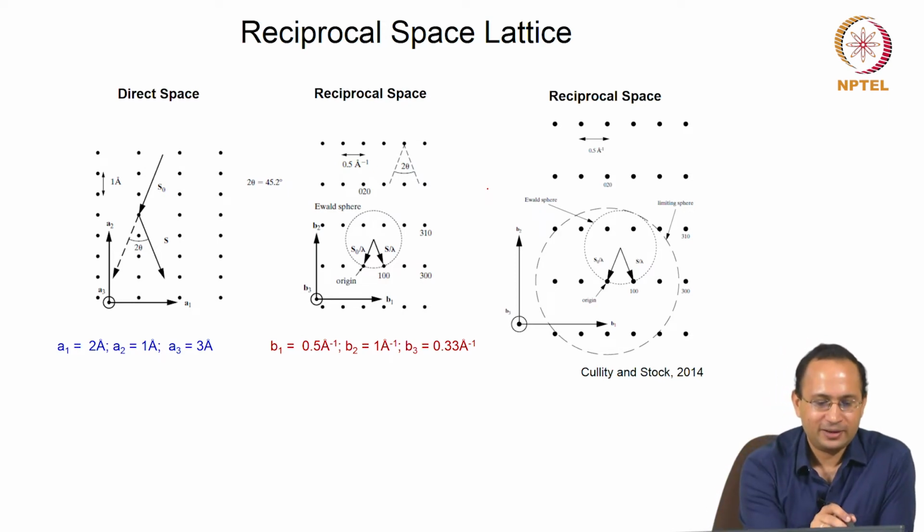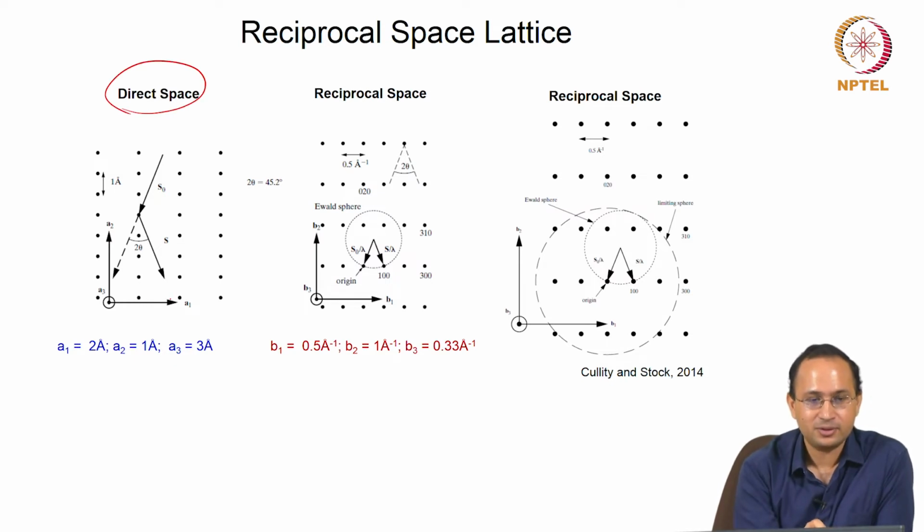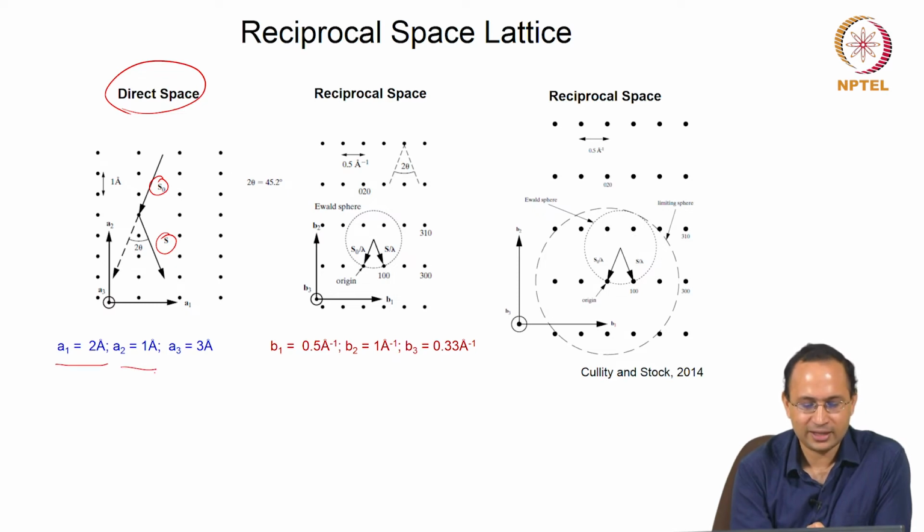So, again here what you see in the direct space, you have this arrangement of atoms, right, you have incident beam S0 and diffracted beam S, right. And here suppose you have these lattice parameters, A1 is 2 angstrom, A2 is 1 angstrom, A3 is 3 angstrom. Okay.